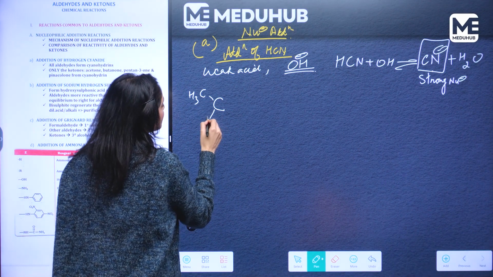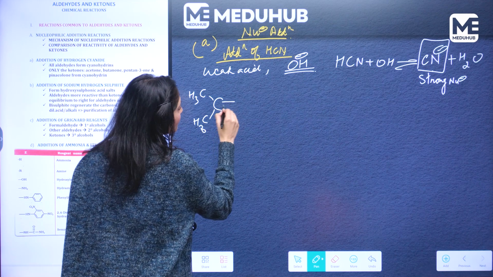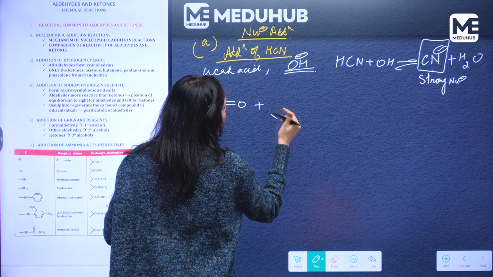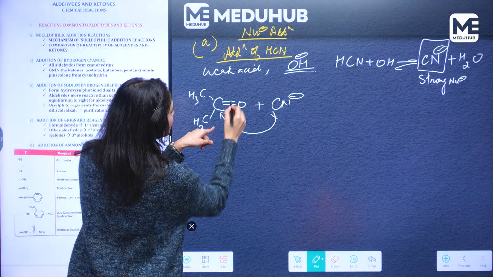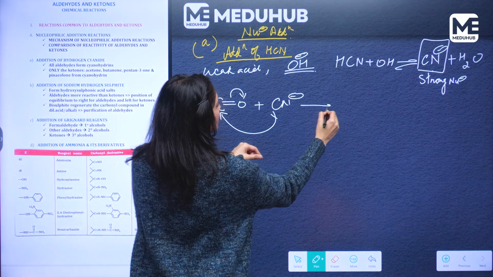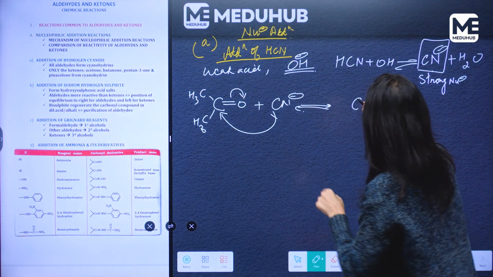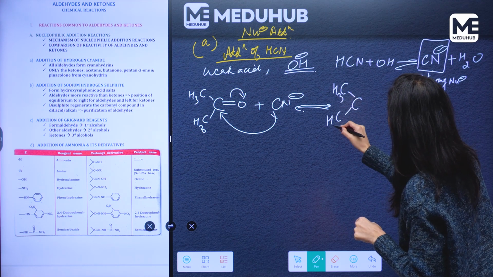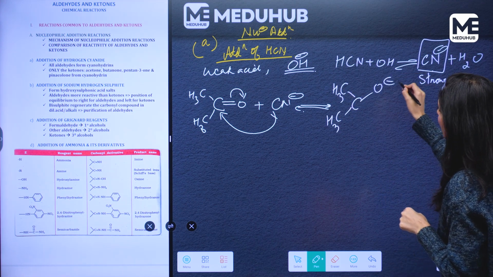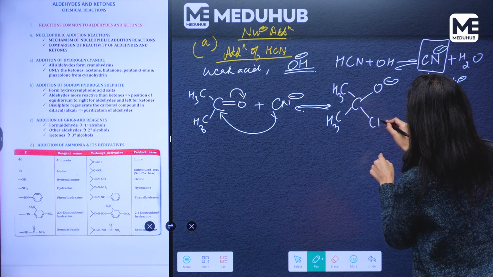So if we have this here, plus CN minus, this will attack here, come here, and we will get this intermediate, O minus and CN.